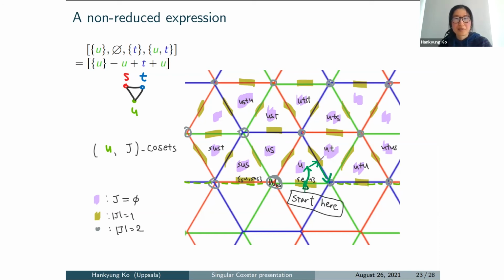So this looks like you are going backward, but when you increase, there is one way to go. So this is the way you go, but it goes in roughly the wrong direction, and this is a non-reduced expression. You can check it using the definition also.